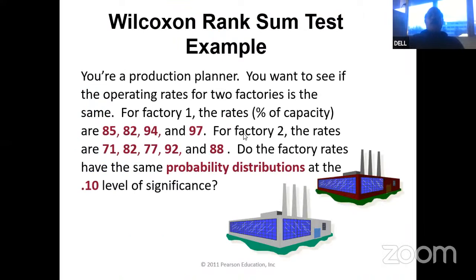Here is a Wilcoxon rank sum test example. Say we are a production planner and want to see if the operating rates of two factories are the same or not. In a parametric test, the averages are equal and standard deviations are equal, which is parametric-related comparison, but here we make distribution-related comparisons.